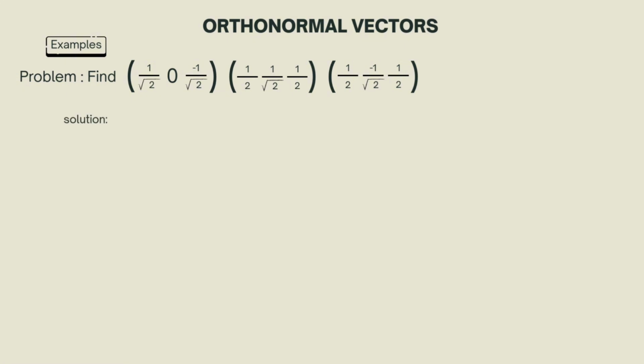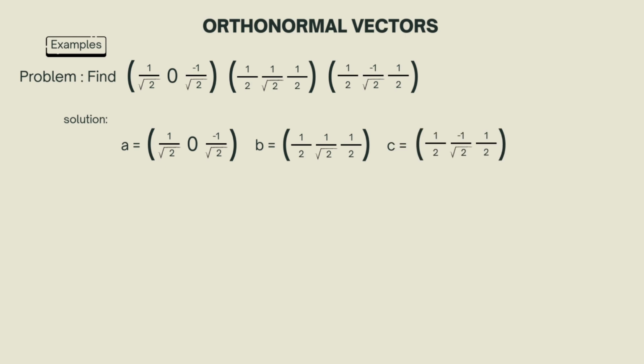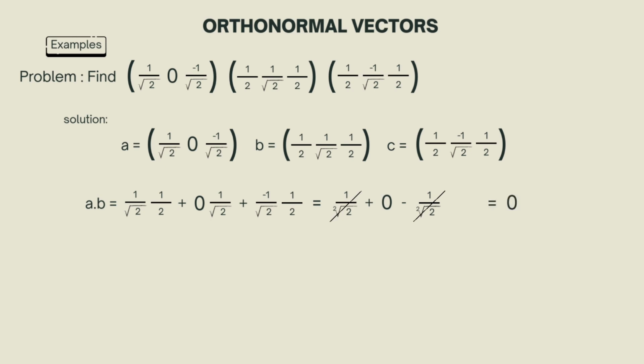Let us assume that the given vectors are A, B, and C. Now find the dot products AB, BC, and CA. The dot product of two vectors A and B can be found by multiplying the corresponding elements and adding the products. Here, we get the dot product of A and B as 0.